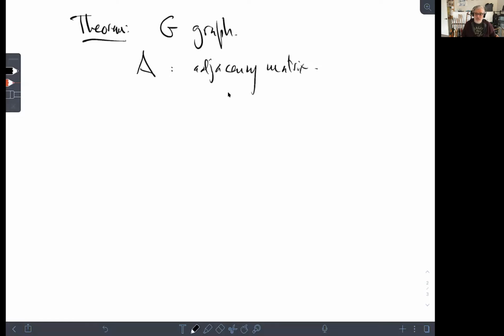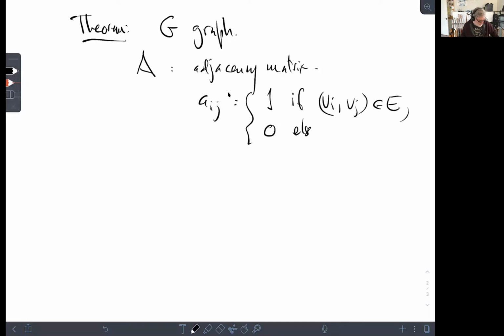Remember what this is. The entry ij is 1 if vi is adjacent to vj and 0 otherwise.